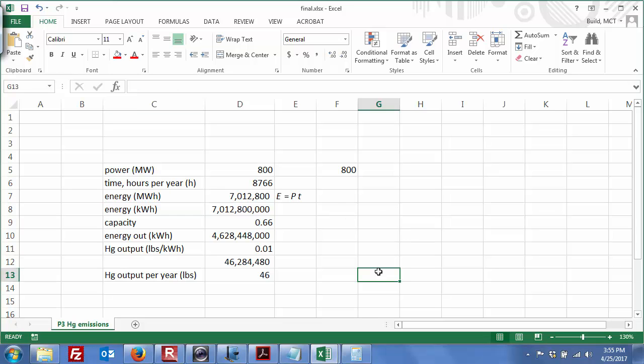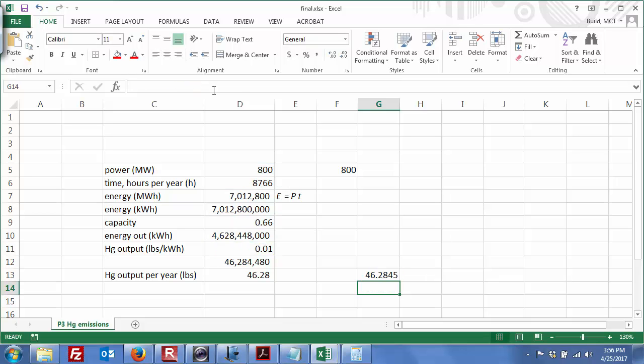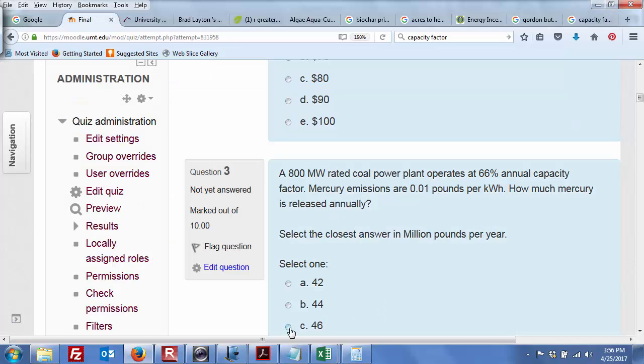You could also do it this way: that times that times capacity, times that, divided by 1,000, because that was in mega. That's kind of what I did. What's the answer say? We'll see. 46 million. I'm going for 46.